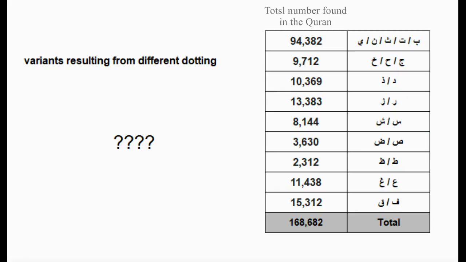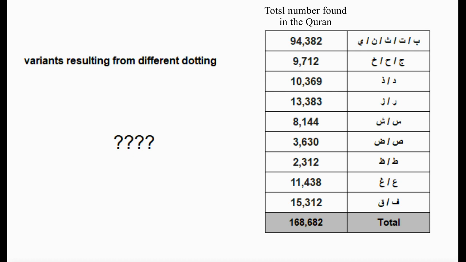This is a table showing the number of alphabets which require dots to be distinguished from each other in the Quran. For example, on the top we have the so-called smiley faces, 5 different letters that can only be distinguished from each other through dottings. There are 94,382 of these letters. And likewise we have the number of other letters which could be confused due to the lack of dots.